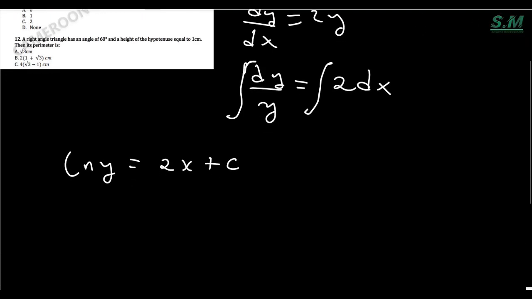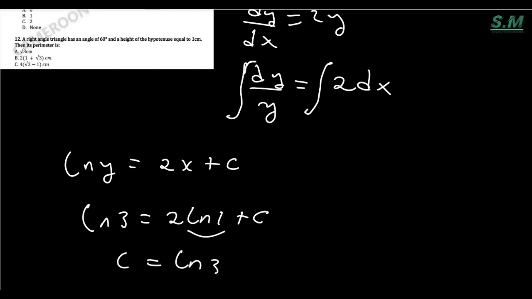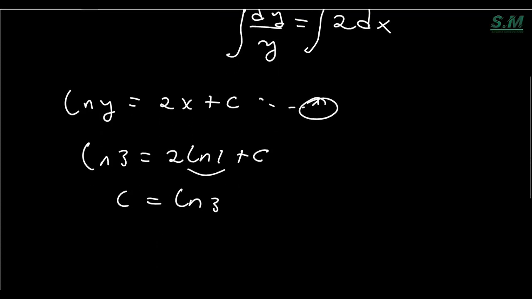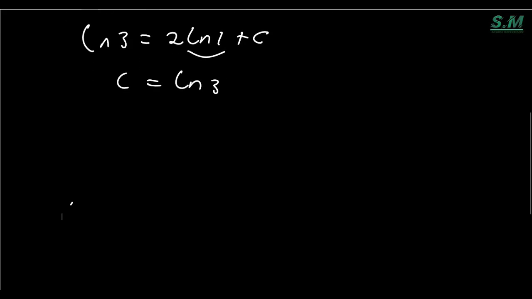So we are going to use the initial conditions in order to get the value of the constant of integration. So this is going to be the natural logarithm of 3 equal to 2 times the natural logarithm of 1 plus c. But the natural logarithm of 1 is 0, so c will be equal to the natural logarithm of 3. So I'm going to replace that back into this equation. So the natural logarithm of y will be equal to 2x plus the natural logarithm of 3.